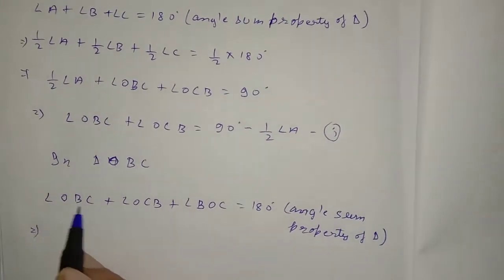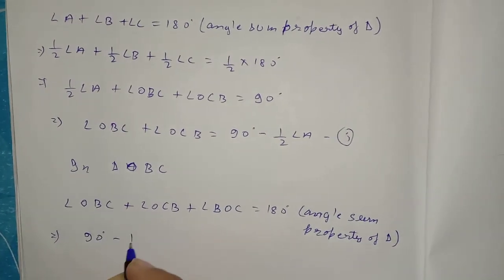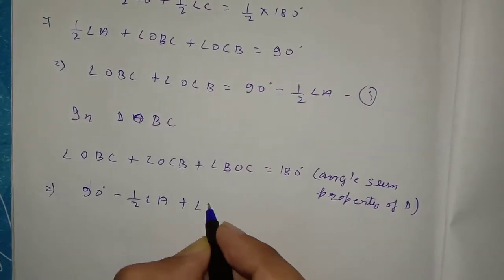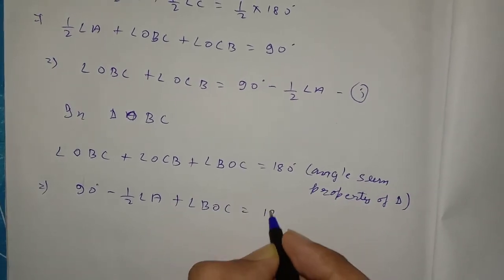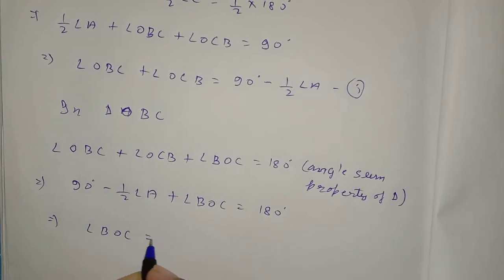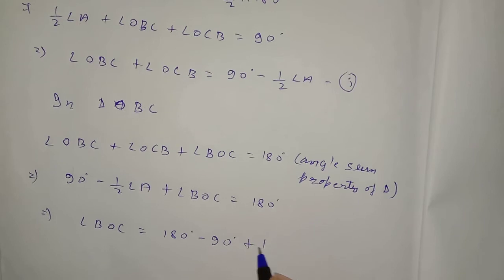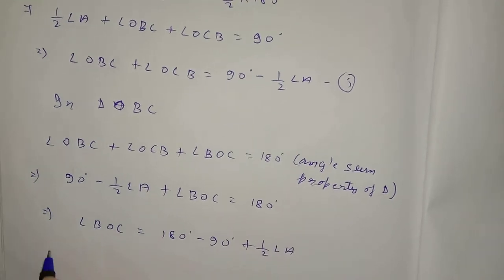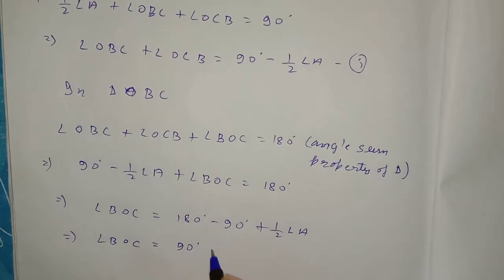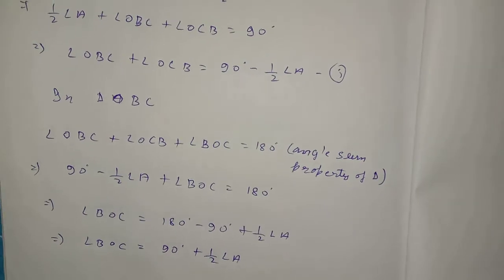So we have written angle OBC plus angle OCB as 90 degree minus half angle A, plus angle BOC is equal to 180 degree. So angle BOC is equal to 180 degree minus 90 degree plus half angle A. So angle BOC is equal to 90 degree plus half angle A. Hence we have proved our second question also.